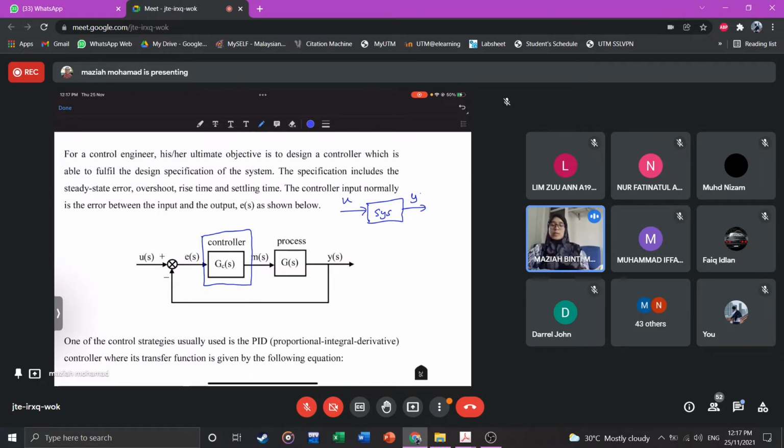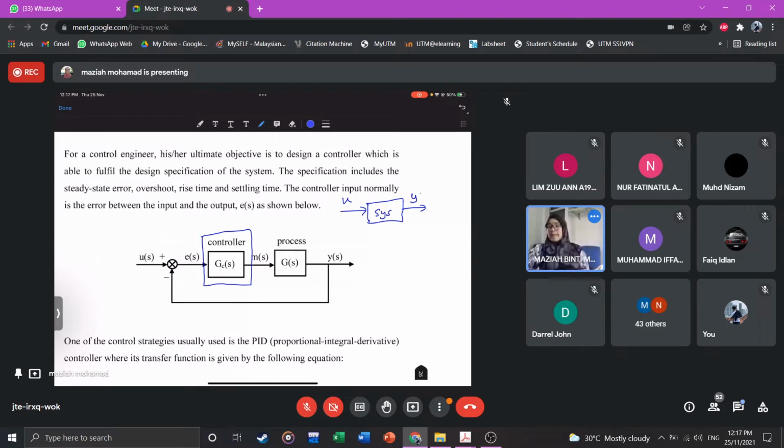Here we're just going to focus on the PID controller, because it is the most popular controller used in industry. It is very simple and not complex. There is no additional component that needs to be added; it's just a parameter.